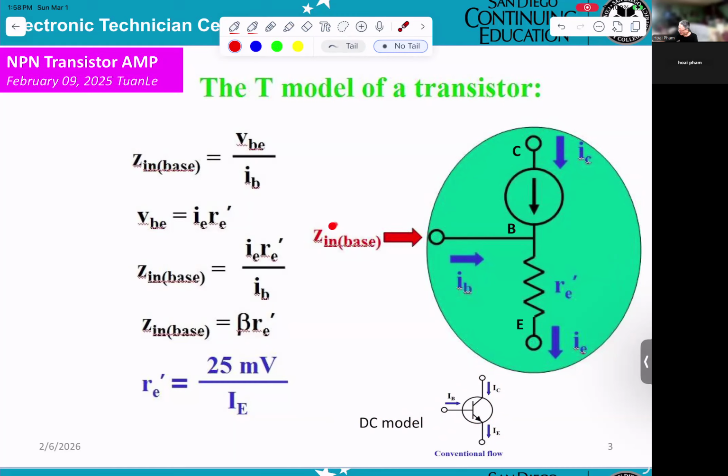This is the base, the collector and the emitter. The difference is that at the collector you get the current source going into the base, and between the base and the emitter you don't see a diode anymore. Now it is substituted by a resistor r'e.